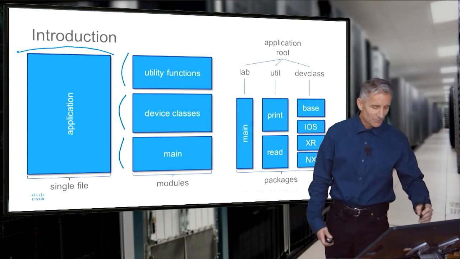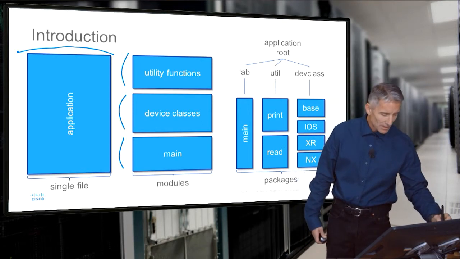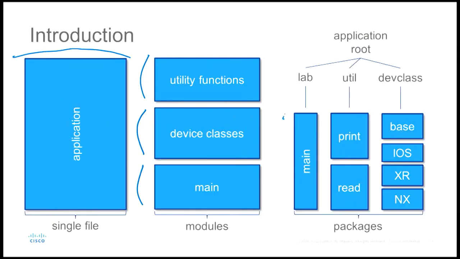The idea of a package is we're going to have a package that will have your main application, but then we'll also have utility packages that have your print and read modules in them, and then you will have a dev class package that has separate modules in each of them. This is just an example of what you may want to do and what you can do in terms of breaking things up. Instead of having everything in the same directory as you do in our modules examples, we will break things into separate directories.